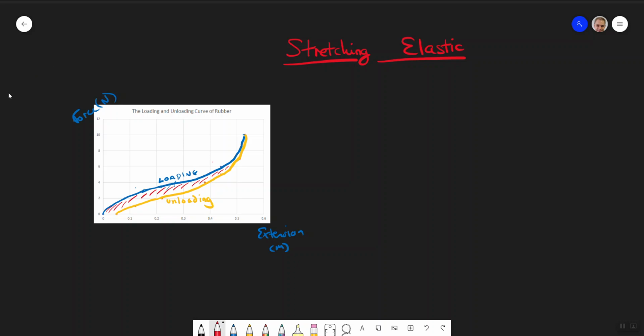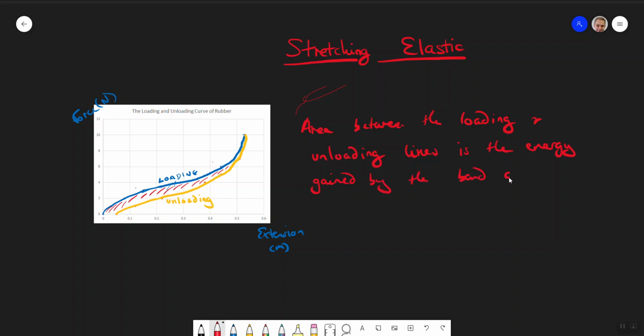So in this case, what we have is the area between the loading and unloading lines is the energy gained by the band as heat.